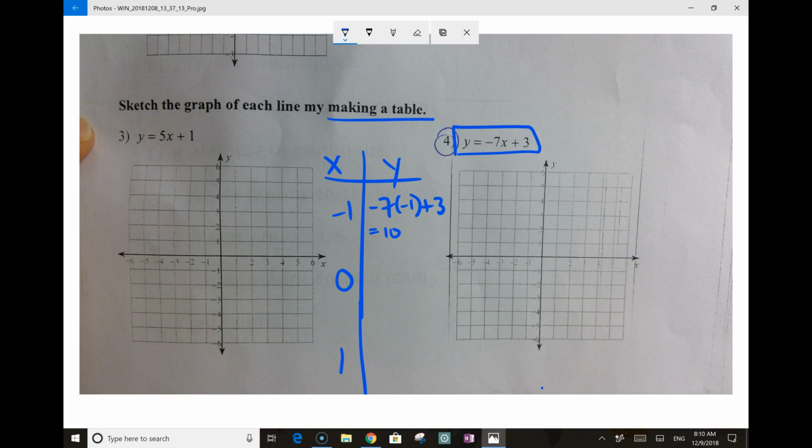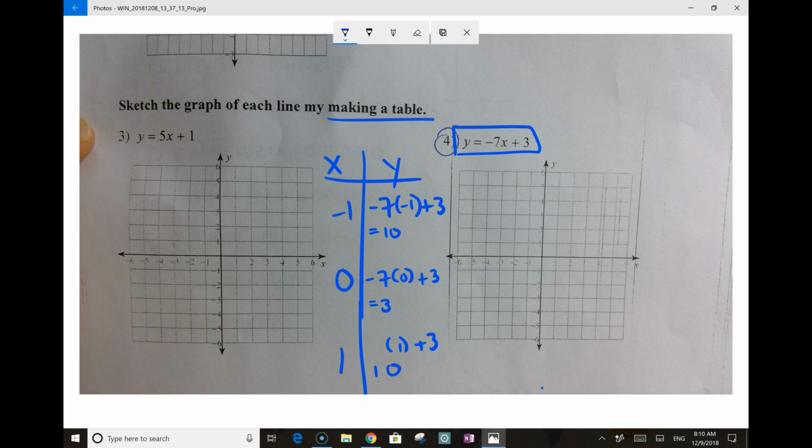Okay, so with 0, I have negative 7 times 0 plus 3. That's going to be 0 plus 3, and that's therefore 3. The last one is 7 times 1 plus 3. That's going to be 10.